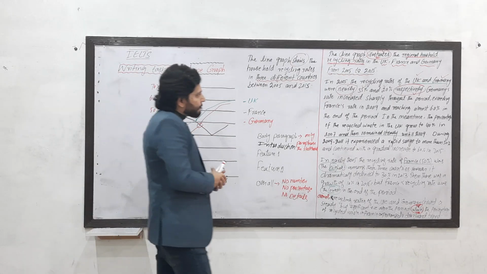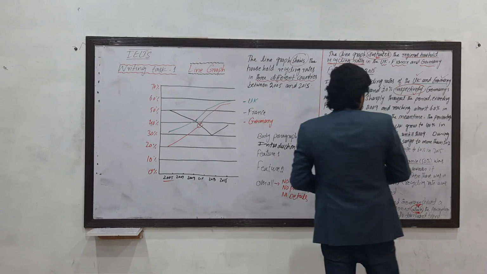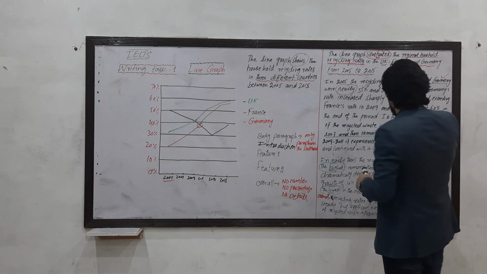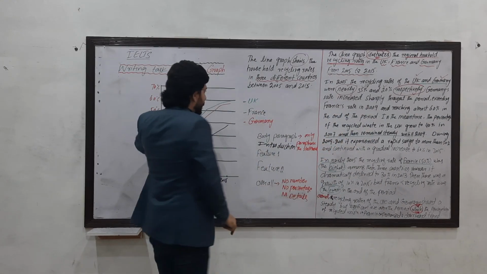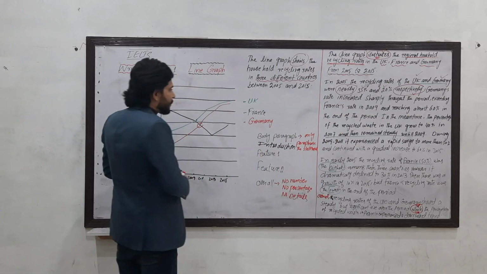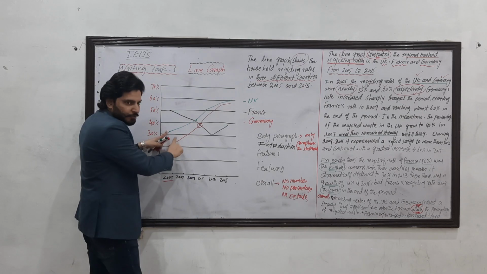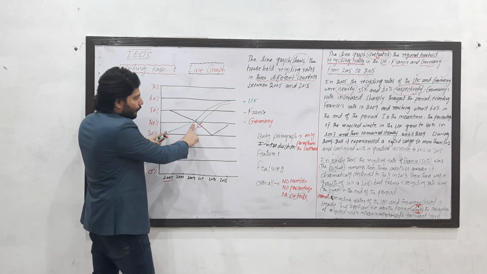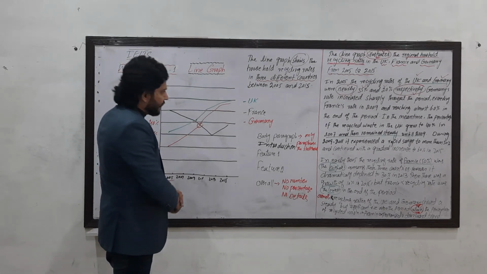And then reaching almost 60% at the end of the period. In the meantime, the percentage of recycled waste in UK grew to 40% in 2007. It started from 35% and it grew to 40% and then remained steady until 2009.